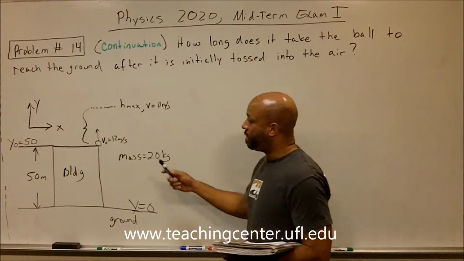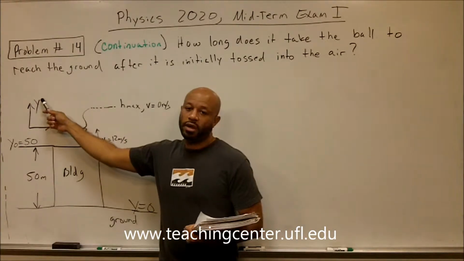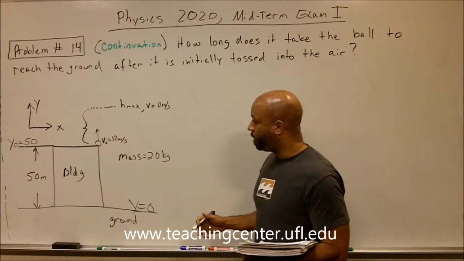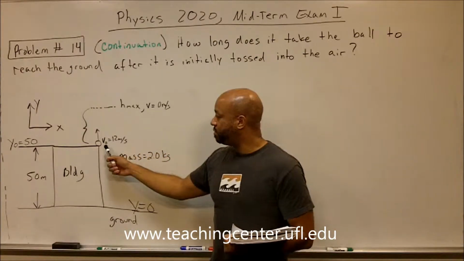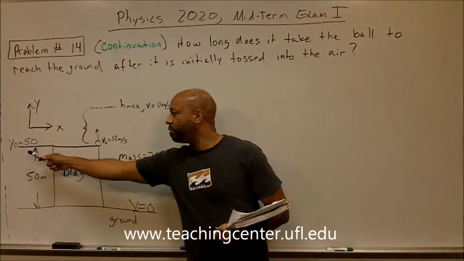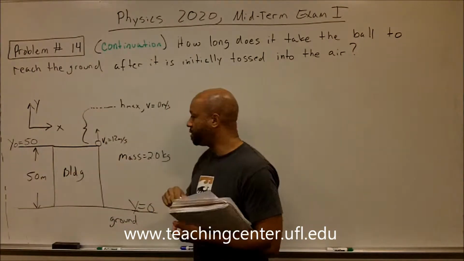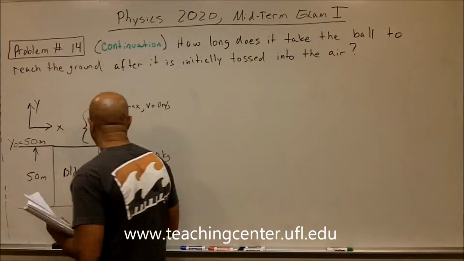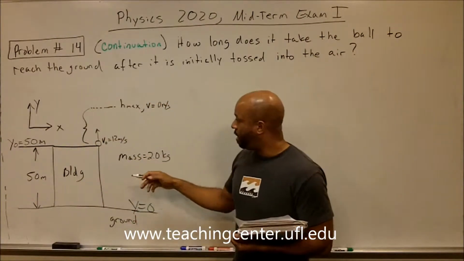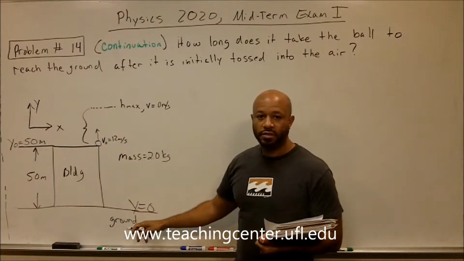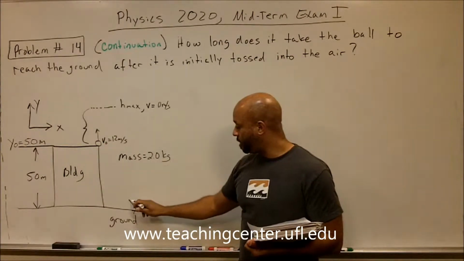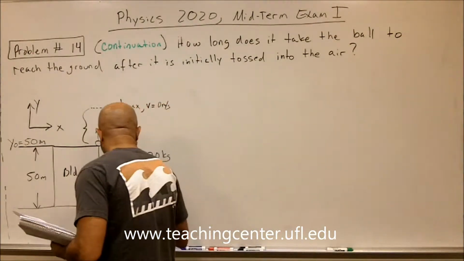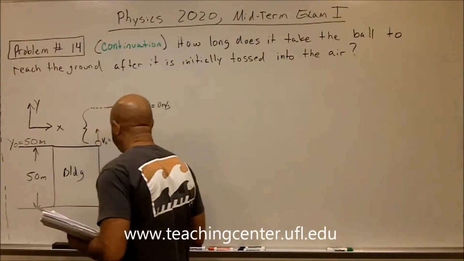Again, we set up our coordinate system with the positive y going up and the positive x going to the right. We know that since the ball is being launched from the top of the building, the initial y value is going to be 50 meters. We know that the mass of the ball is 2.0 kilograms. When the ball finally returns down to the ground, we know that the final y displacement is equal to 0, if we assume that the ground is 0.